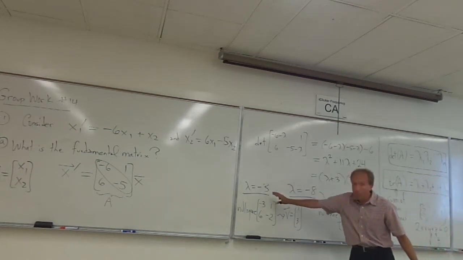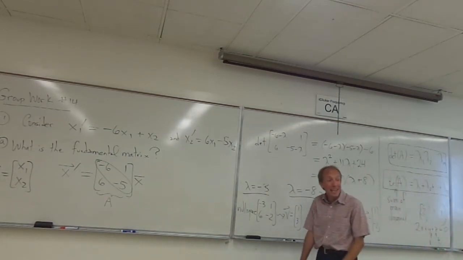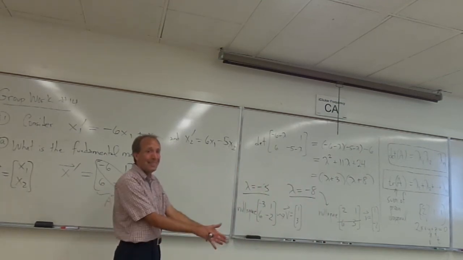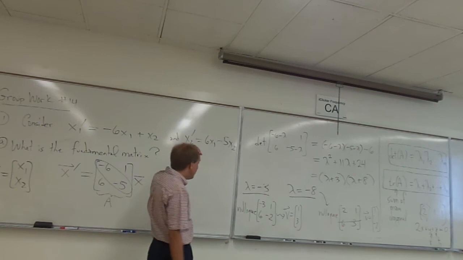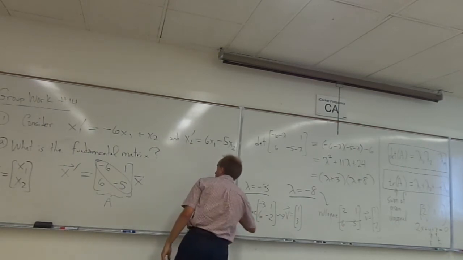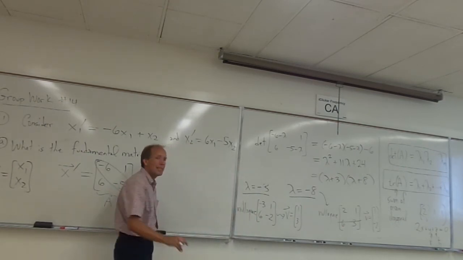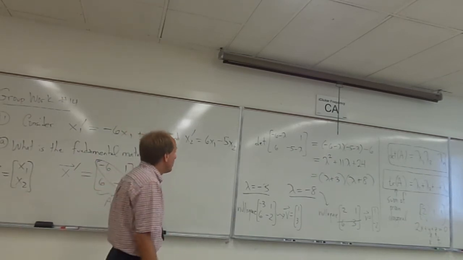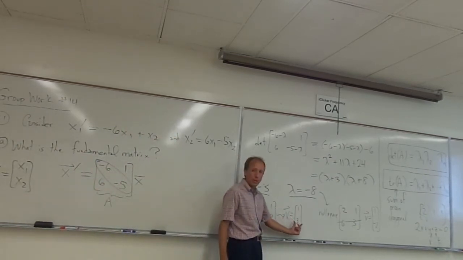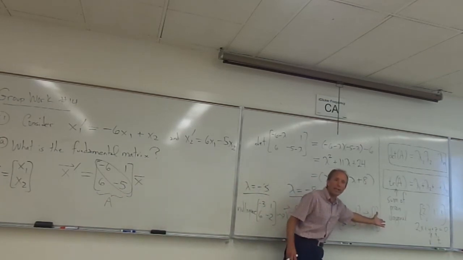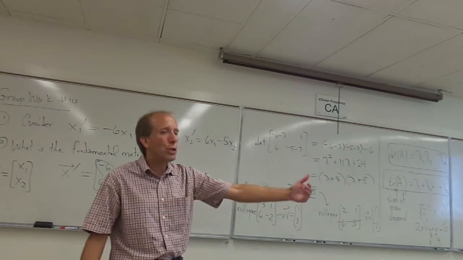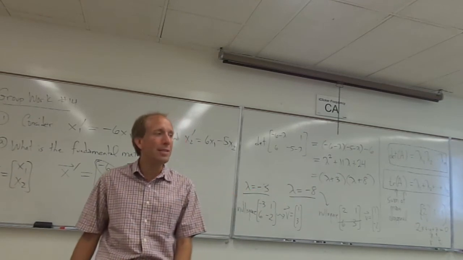So we've got eigenvalues, we've got eigenvectors. What's next? Put those vectors into a matrix to get the fundamental matrix. Let's do one step before we get there. The eigenspace for each eigenvalue is just the span of these vectors, so we've pretty much got that. But what do we do to build our solutions to the system?